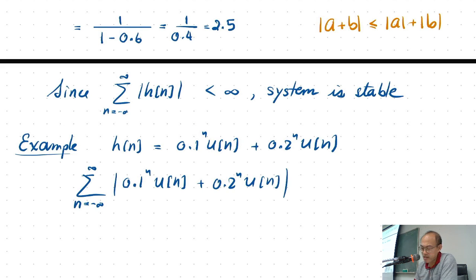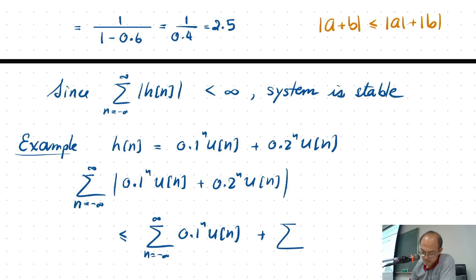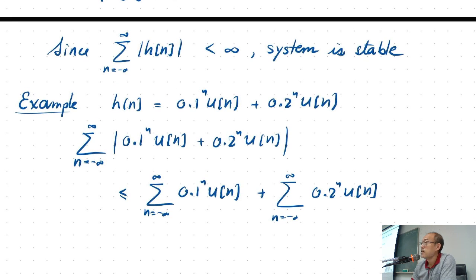Again, I'm going to use the triangle inequality to say this. Can you see? Are you convinced? This is from the triangle inequality. And the left term is using the geometric sum, so it is 1 over 1 minus 0.1.